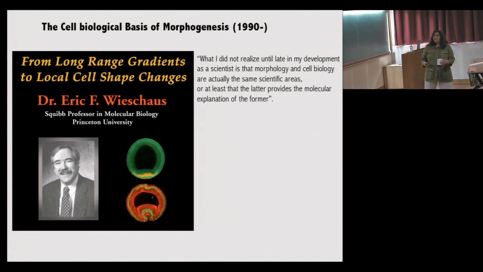So in other words, this era, which I would say is still ongoing, sought to ask what properties of cells actually allow the acquisition of the complex shapes we see.